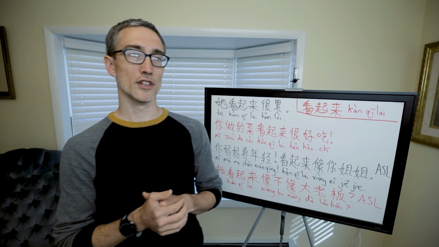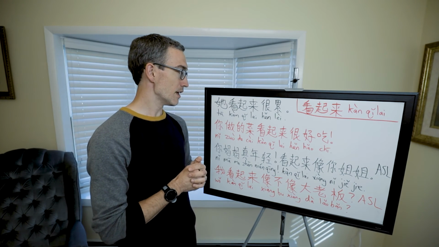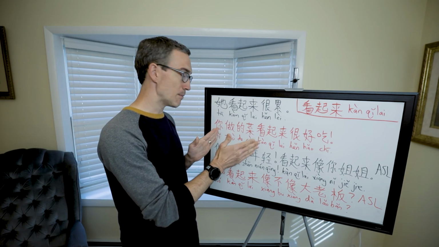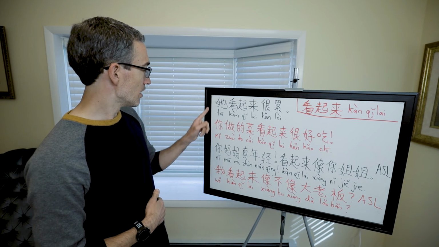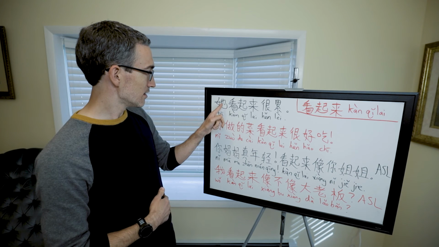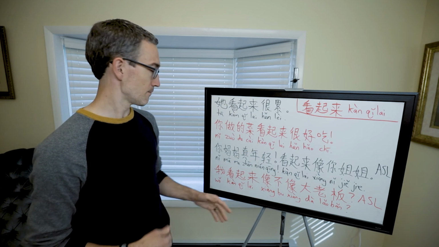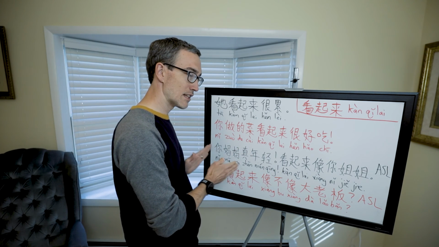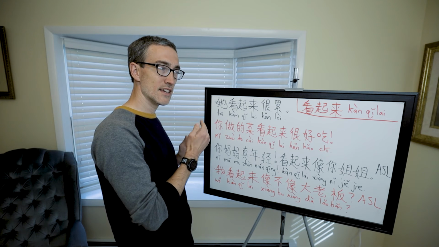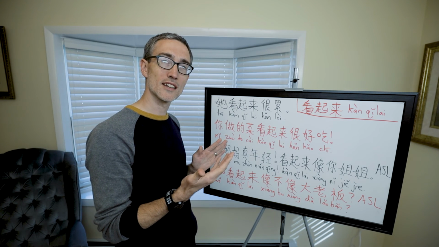And so hopefully you'll get it and remember it. The phrase can be put at the beginning of a sentence. In all of these examples, we have a noun, a subject, looks something or looks like something. But we can also put the kànqilai at the beginning of the sentence to say something, like in English we would say it seems or it looks like.